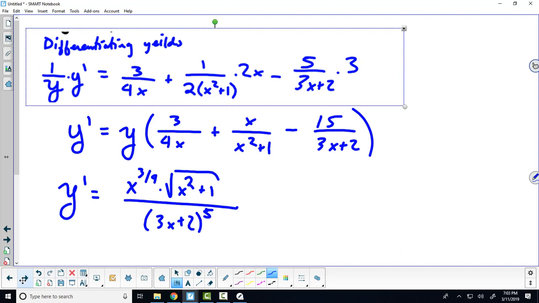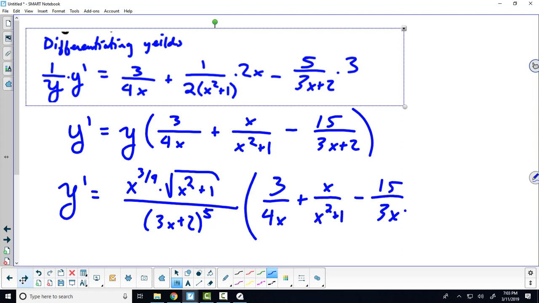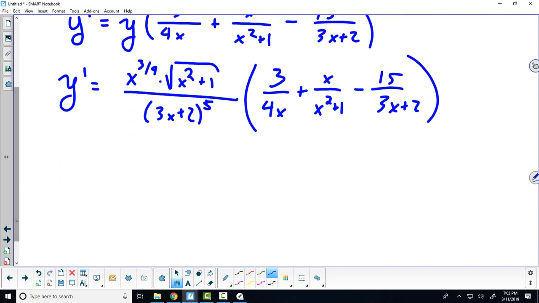Help me out, folks. Is that y? Yeah. Okay. Times 3 over 4x plus x over x squared plus 1 minus 15 over 3x plus 2. The nifty thing about this is it already comes out pretty cleaned up, too. There may be other cases where you could simplify that more, but it actually comes out pretty nicely.